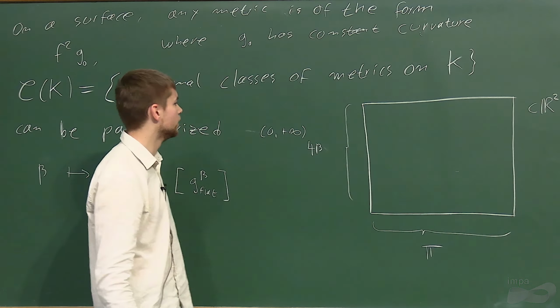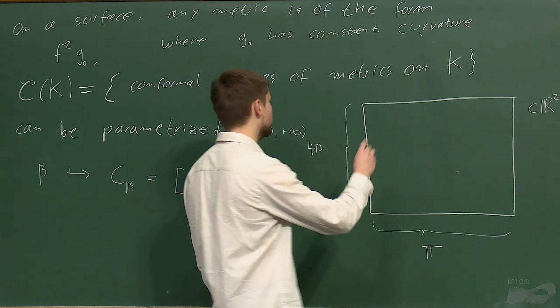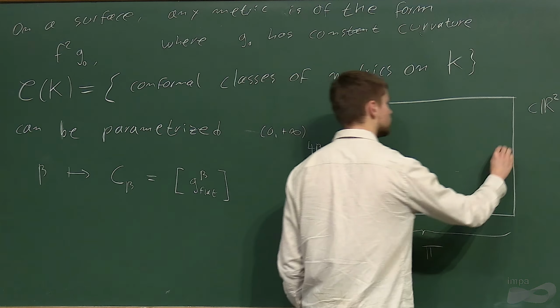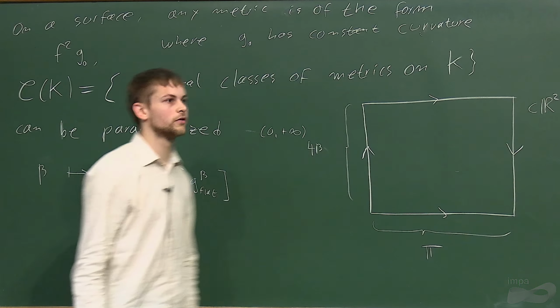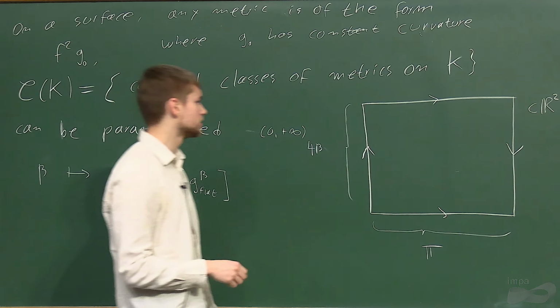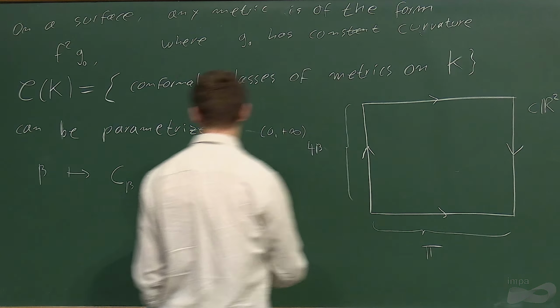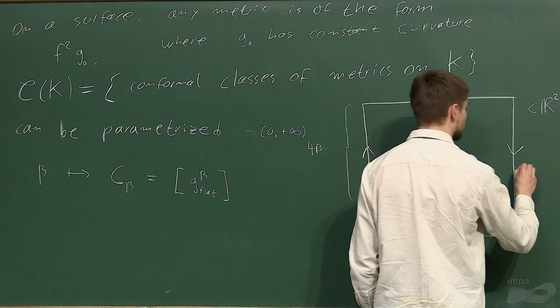It will be clear later why I choose the normalization of 4 beta here. And then we identify the sides in this way to obtain a Klein bottle. And the metric which we get from the standard metric on R2 under this identification will be the metric g beta flat. And this Klein bottle I denote with K beta.